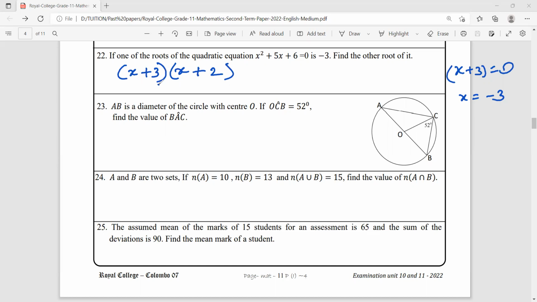And you get 3x and 2x, that is 5x, and you get 6 from here, 3 into 2. Now x plus 2 is equal to 0, and x is equal to -2. So this is the root you have to find. -2 is the other root.